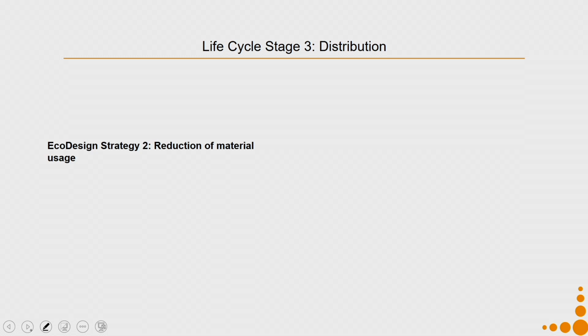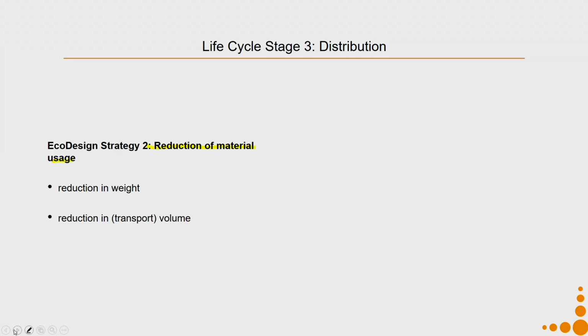In order to do this design strategy, what can we do? You remember from our first phase we had this EcoDesign strategy 2, which was about reduction of material usage. So, we follow the same. We have to reduce the weight and we have to also reduce the transport volume.